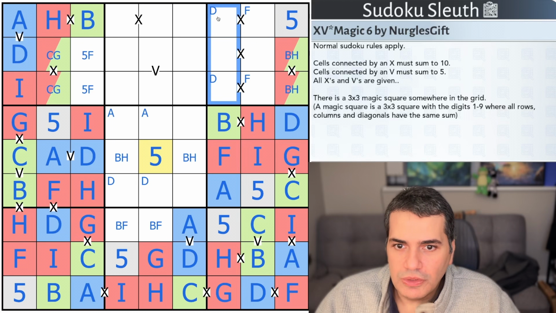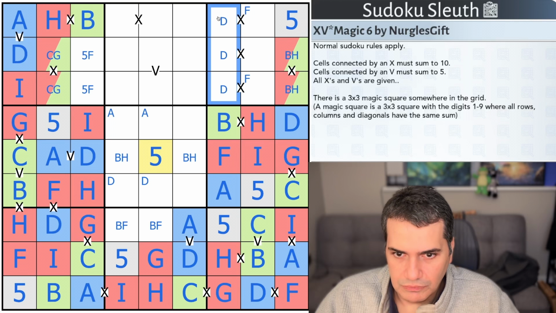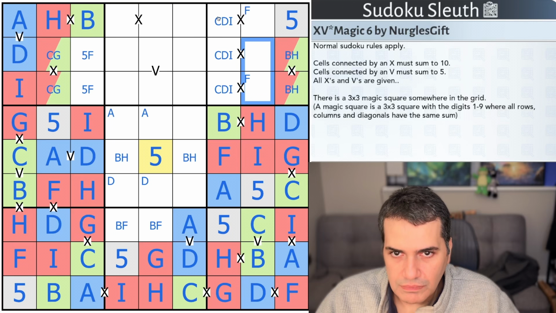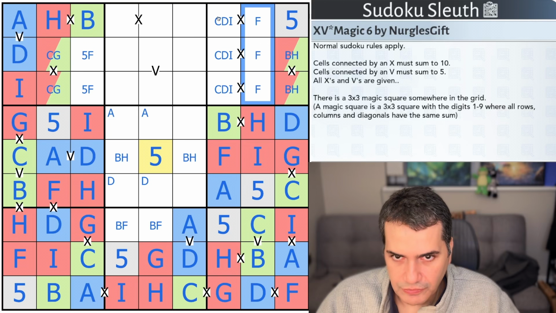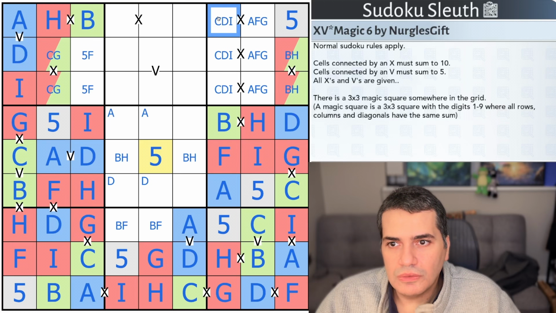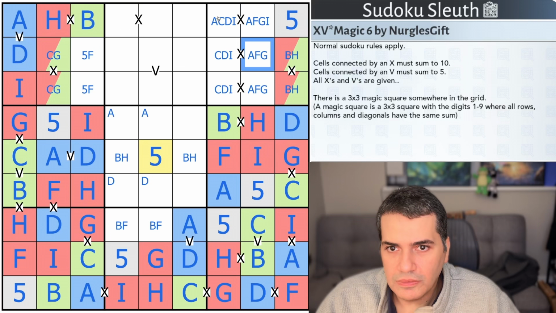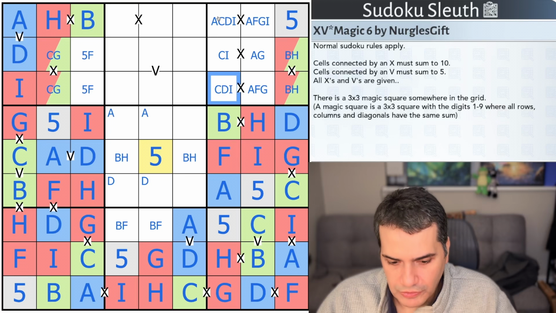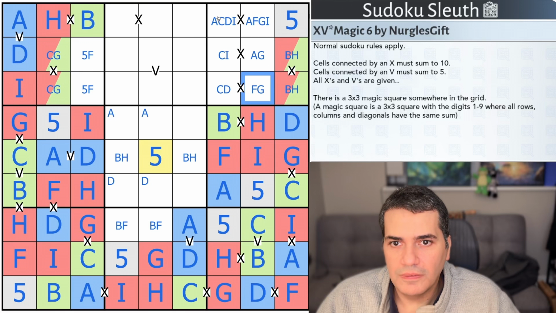Right, so we know that these are D, C, and I. We know that these are F, A, and G. This is not A, this is not I, this is not D, this is not F, this is not I, this is not A. Did I screw this one up?